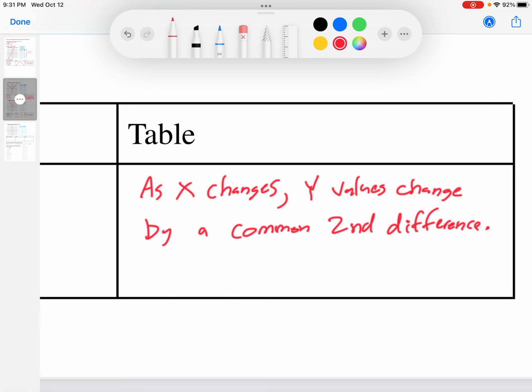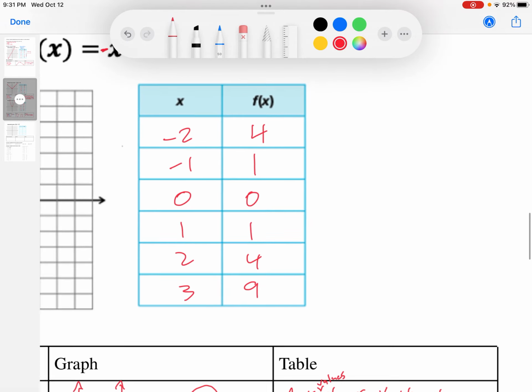As x changes, or I could have said as the x values change, but as x changes, y values change by a common second difference. What in the world does that mean? Well, here's what it means.